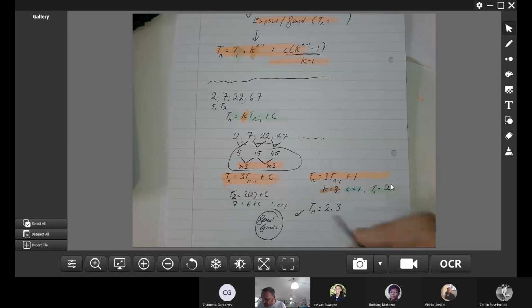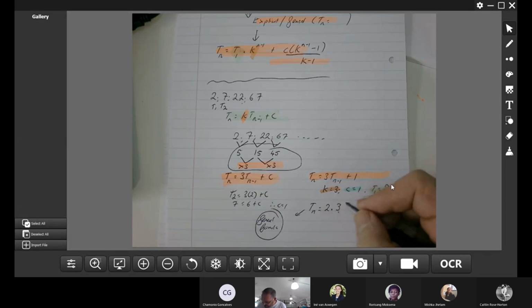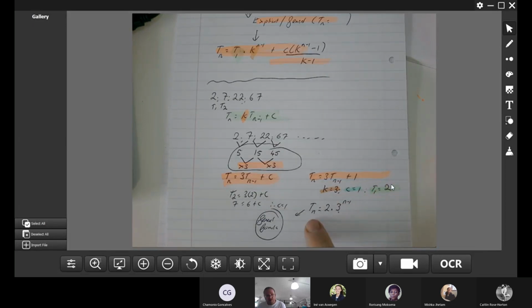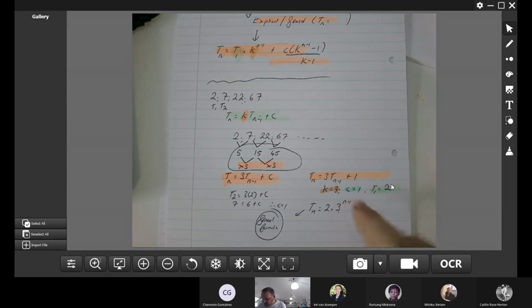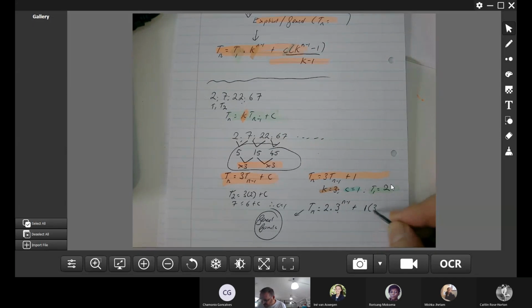So the general formula would be 2 times 3 to the n minus 1, because I want a formula which determines Tn where all you have to know is n, right? So I'm up to there on the formula, plus c, which is 1. There's c, times k, which is 3.